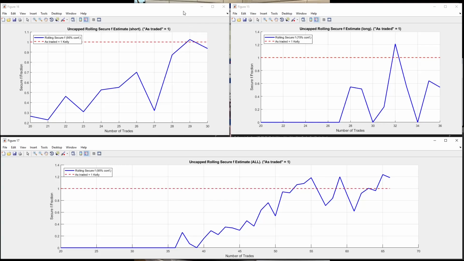I'm not trading 1 Kelly here. As a matter of fact, I'm trading, I think, 12% of 1 Kelly. And I'll show you how I can see that here. You don't see it on these charts, but I'll show you in a second. So we're talking, this is the fraction, 12%, let's call it 1/10 of a Kelly, to get secure F values close to what I actually am trading, which is the red dotted line.